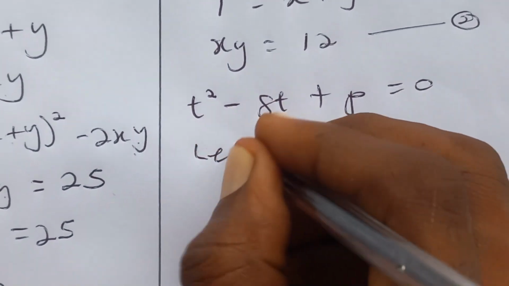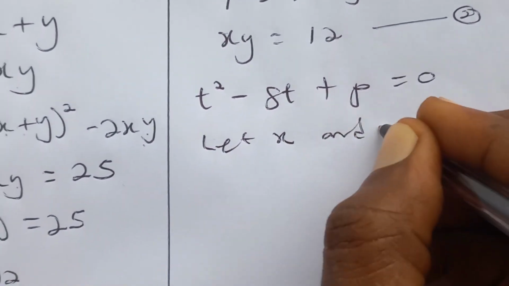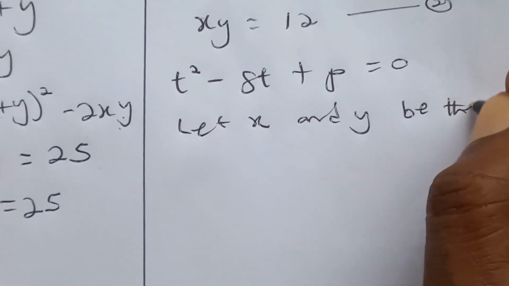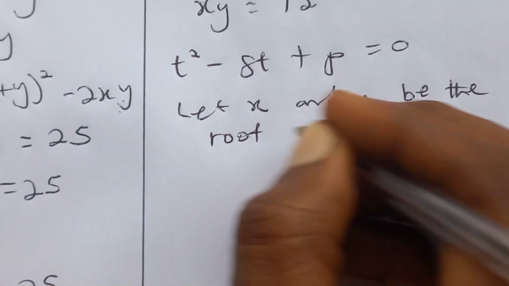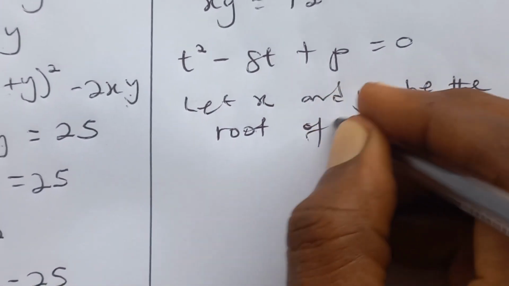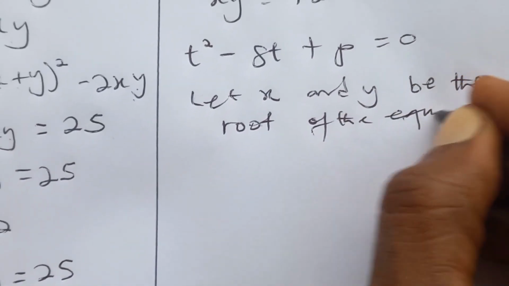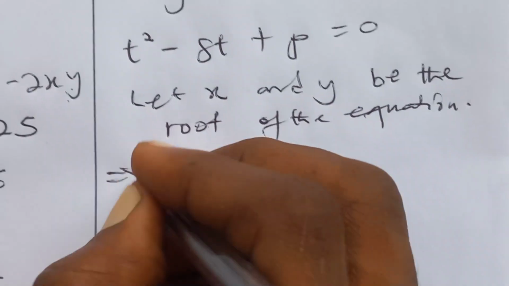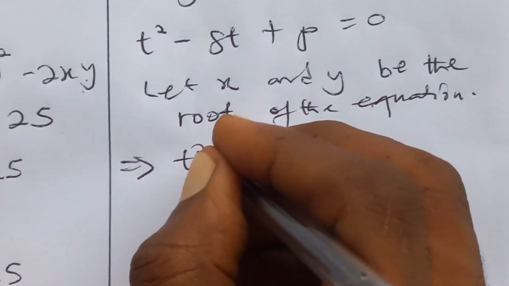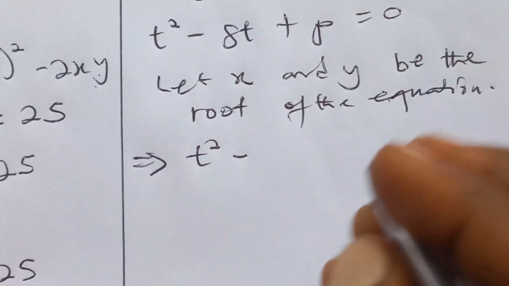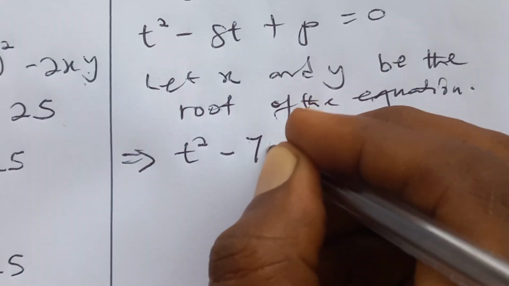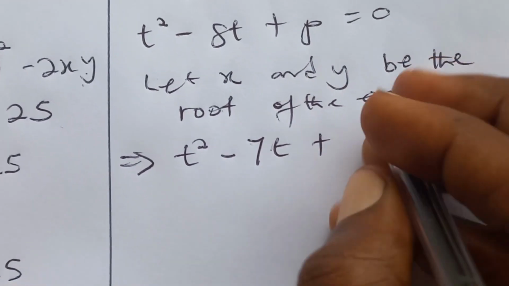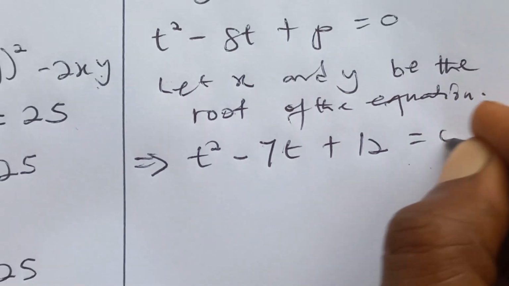Now we let x and y be the roots of the quadratic equation. So we get t squared minus our s, which is 7, so 7t plus our p, which is 12, so plus 12 is equal to 0.